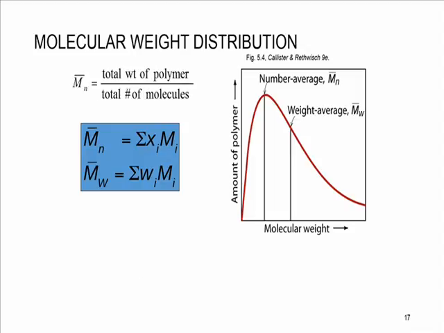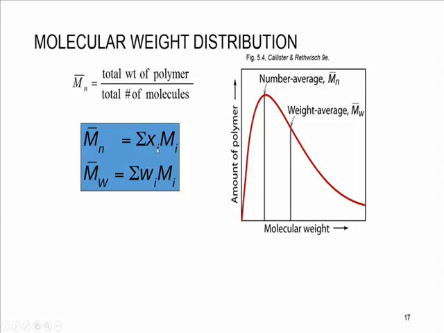The first parameter that is defined here is M bar n, which is the number average molecular weight, and it's obtained by dividing the chains into a series of size ranges and then determining the number fraction of chains within each size range.